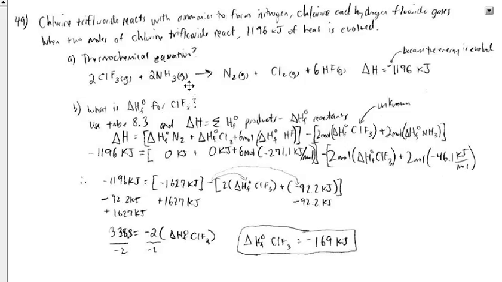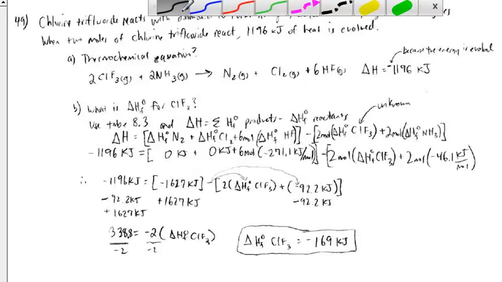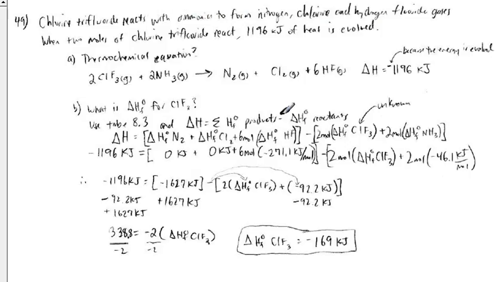If you look at your table, it's not there, but table 8.3 will still help you with all the other stuff. If you use the equation that the enthalpy change of a given reaction is the sum of the heats of formation of the products minus the sum of the heats of formation of the reactants, you can actually treat this pretty much just like a problem where you're trying to find a single unknown.